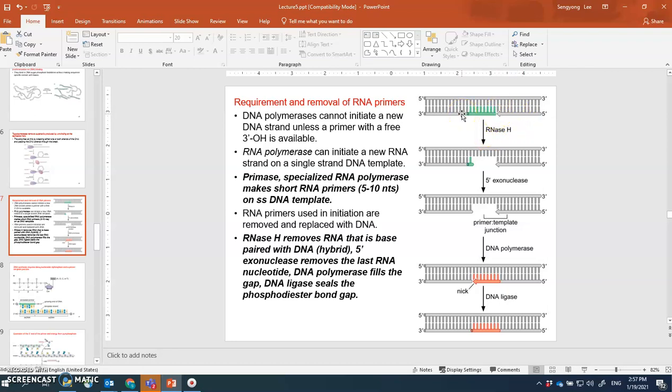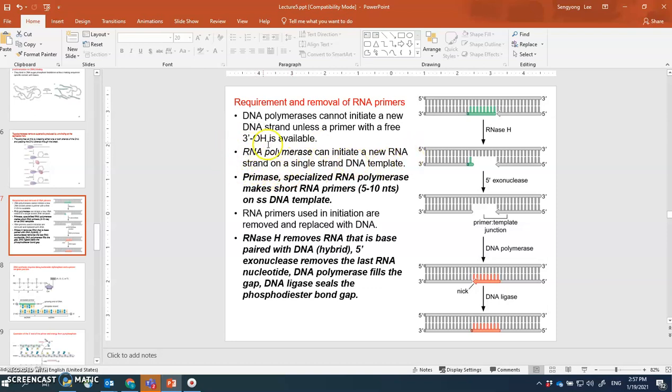The reason you need a primer is that DNA polymerase cannot start replication without a primer's help. It can only grab the 3' end of the primer and start the replication. So primers are absolutely needed. RNA polymerase can initiate a new RNA strand on the single-strand DNA template.